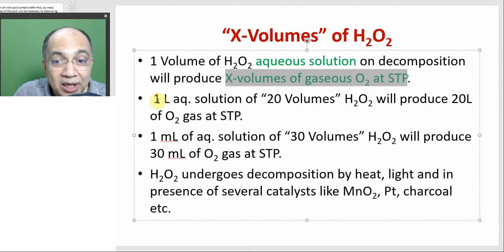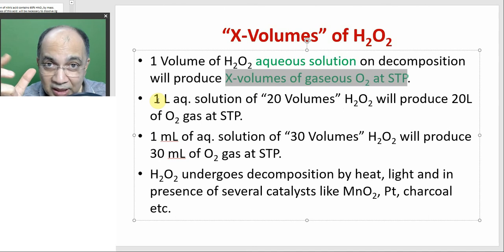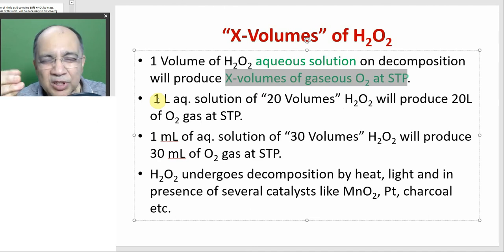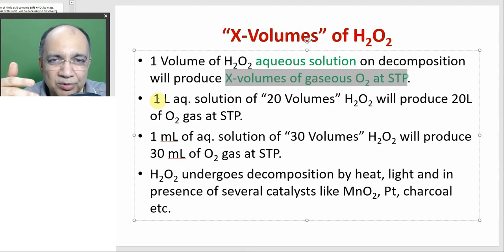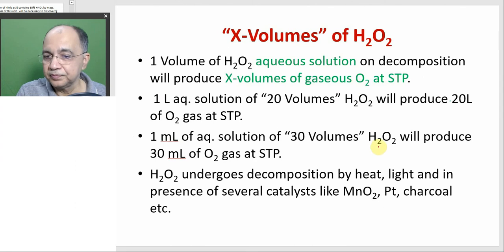It means if I take 1 liter of that particular brand of hydrogen peroxide solution and decompose it by adding some catalyst like manganese dioxide or platinum, it will produce oxygen gas by this reaction.